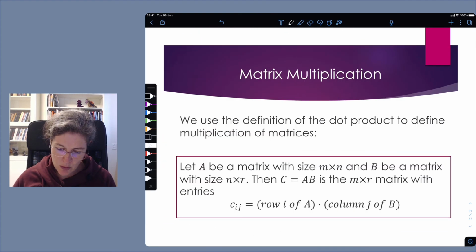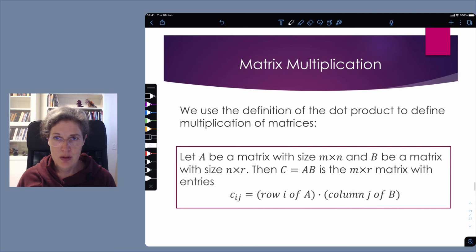Now we can use our dot product to define what it is to multiply two matrices. There's a lot going on in this definition that you need to be aware of. Let matrix A have size m by n, and matrix B have size n by r.